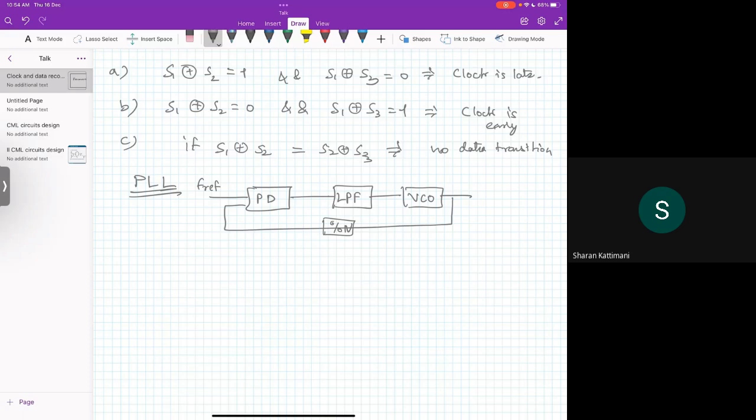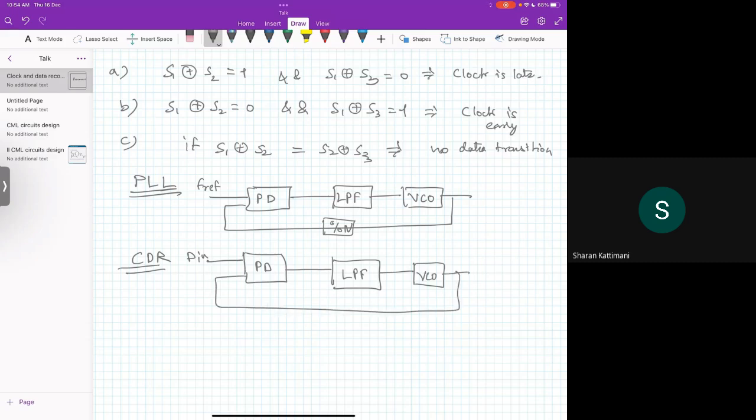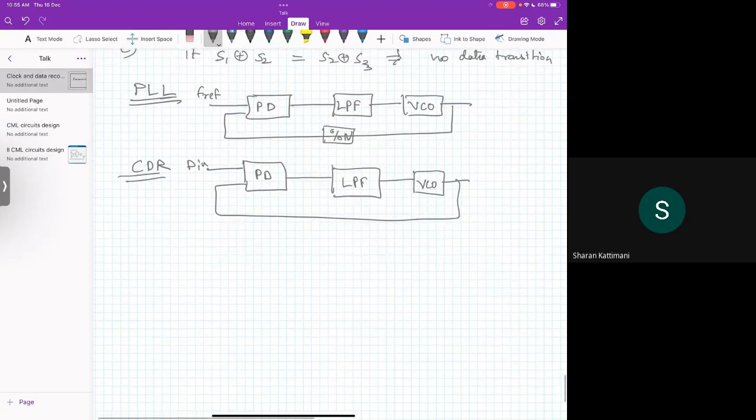If you compare it with CDR, in CDR also, in the place of fref you will apply the data. Now again you have phase detector, low pass filter and VCO. Okay, and then you apply here, and in this particular thing you will also try to get the data out of it, clean data apart from the clock. This is the difference, and the rest of the analysis will remain the same as PLL.